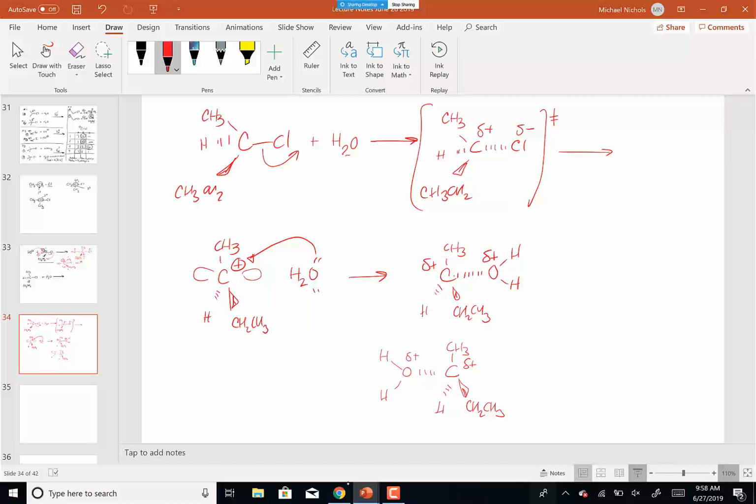Hannah? Why is there a... Because the next product is going to look like this. The oxonium ion that's formed next is going to have a full-blown positive charge.